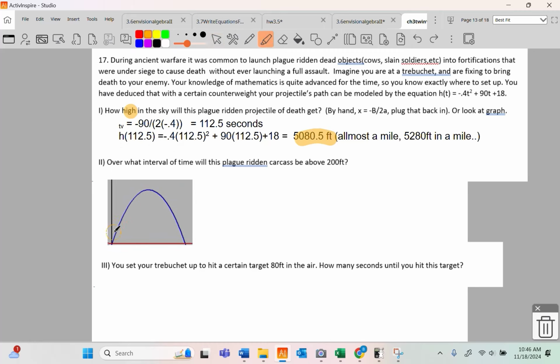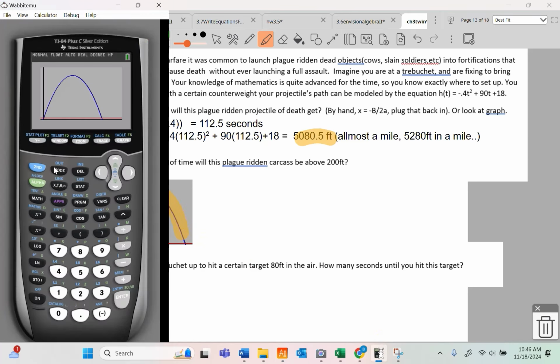What I want to know is how long I'm from here to here. So second trace, 5 for intersect. Get my little cursor close. I'm just going to get it close to that intersection. Press enter 3 times. 2.0407 is one boundary.